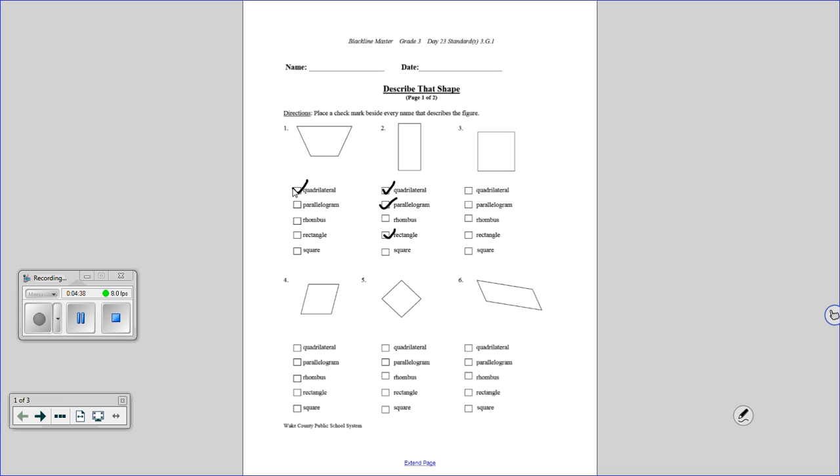All sides are the same length? No. So can I call this a square? No. It is not a square. It has half of what it is. Just because it has half the rules does not make that a square. A rectangle is not a square. It can be, but that one is not a square.